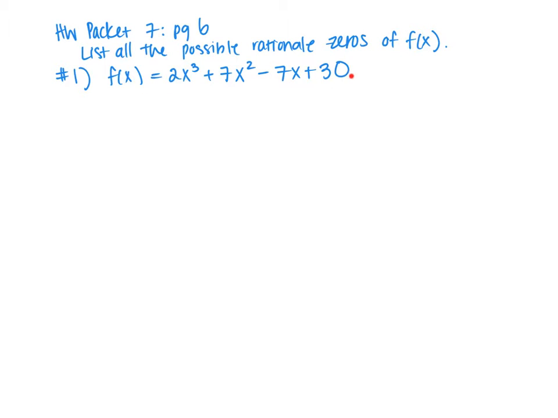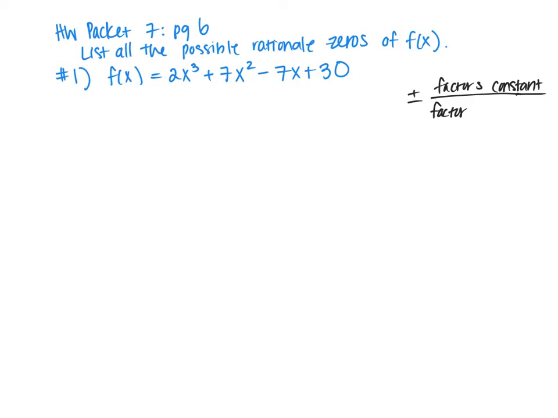So like in this problem here, if you need to make that list, remember it's the plus and minus, and it's the factors of your constant over the factors of your leading coefficient.